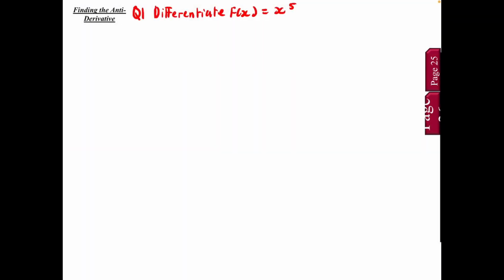Let's look at a few examples of finding the antiderivative. Question 1 states, differentiate f of x is equal to x to the power of 5. This gives us our derivative as 5x to the power of 4. In question 2, we're asked to find the antiderivative of 5x to the power of 4.